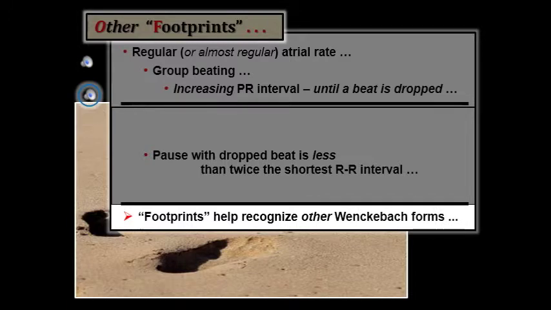Awareness of group beating and these other footprints of Wenckebach periodicity can help us to recognize when Wenckebach conduction may be present, even when we do not completely understand the mechanism of these complex rhythms.